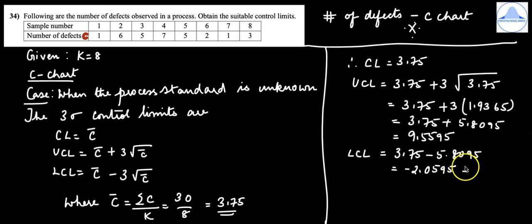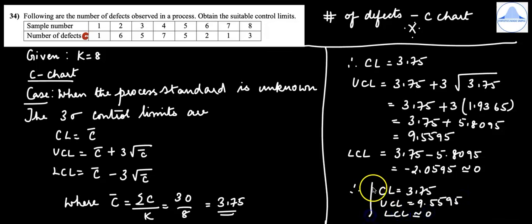So whenever you get a negative value for LCL, you approximate it to 0. Therefore, the final limits are CL is 3.75, UCL is 9.5595, and LCL is approximately equal to 0.